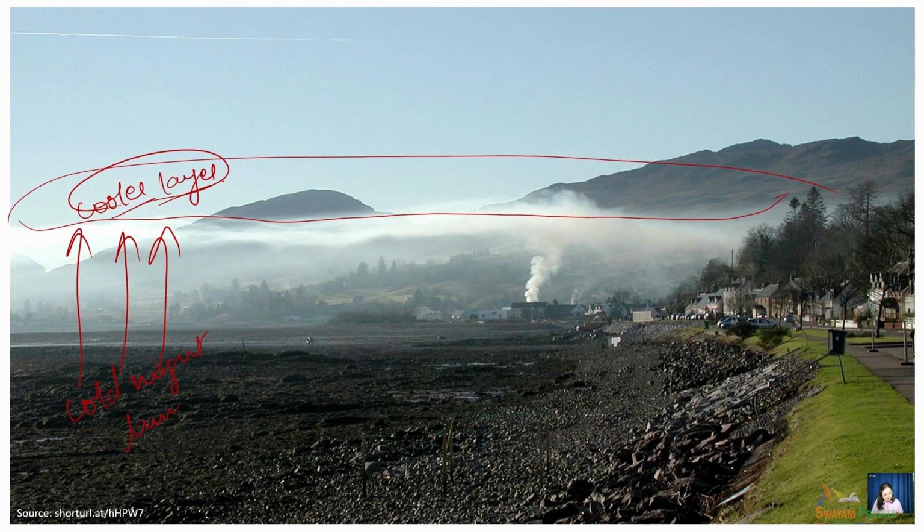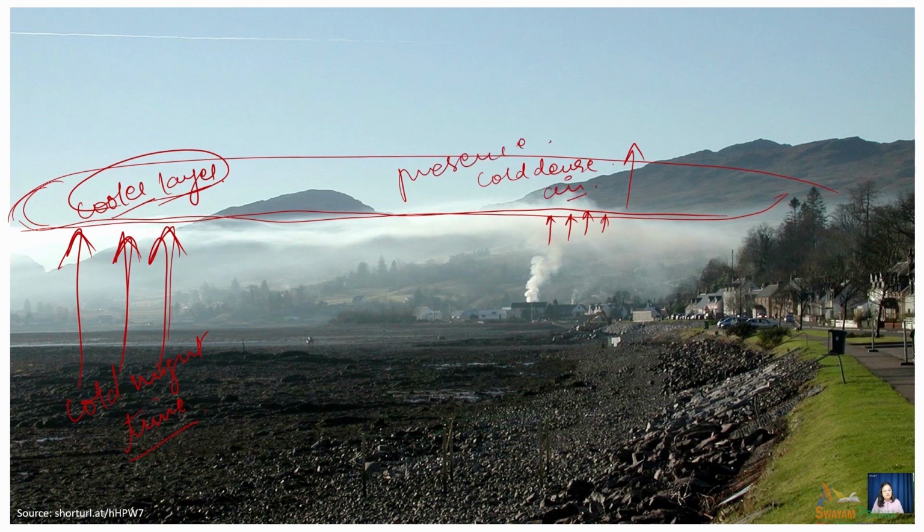Because of these stable conditions, the atmospheric layers have absorbed the properties of the ground surface, and the smoke is not able to escape. It has formed a shallow boundary depicting this cool layer, because it is not able to move upward because of the presence of cool dense air, showing a beautiful pattern of temperature inversion.